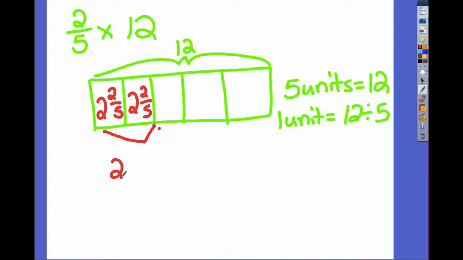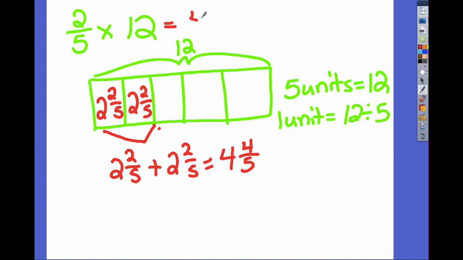So 2 and 2/5 plus 2 and 2/5 equals, what's 2 plus 2? 4. Go ahead, Alexis. 4 and 4/5. Yep, and then 2 plus 2 is 4. So 2/5 times 12 equals 4 and 4/5. It's a lot like yesterday, isn't it?